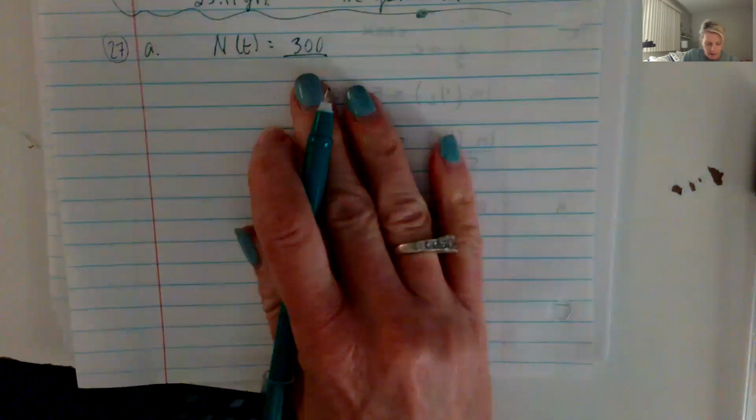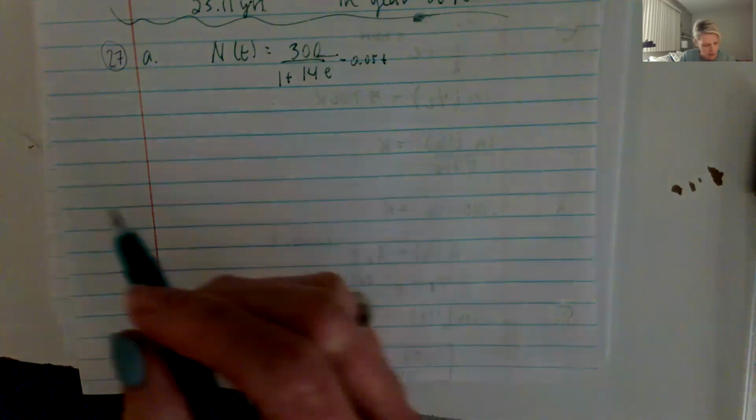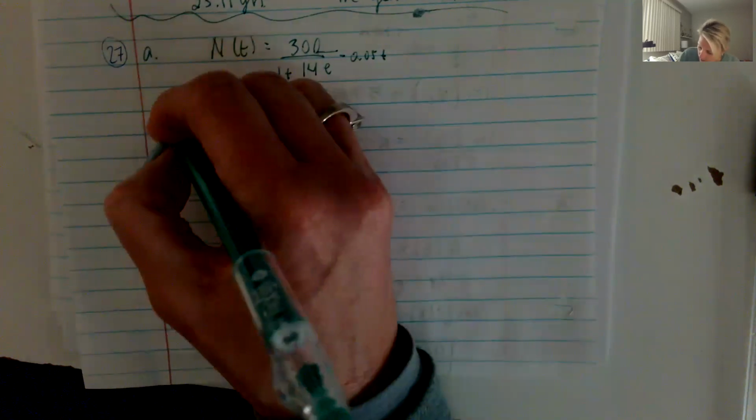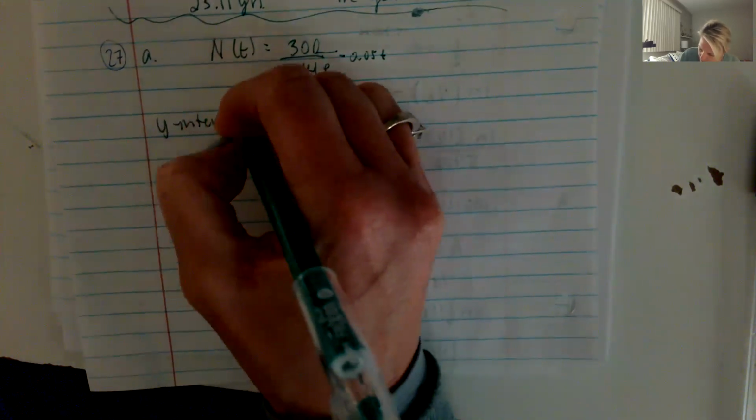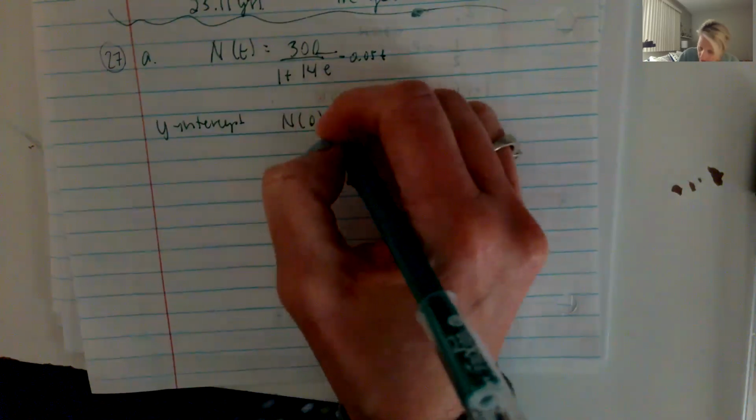So let's look at N of t. 300 is our threshold, over 1 plus 14e to the negative 0.05t. So initially introduced would be our y-intercept. That's what we really want to find, so N of 0. Let's put this into Desmos.